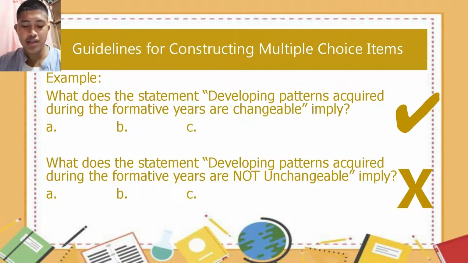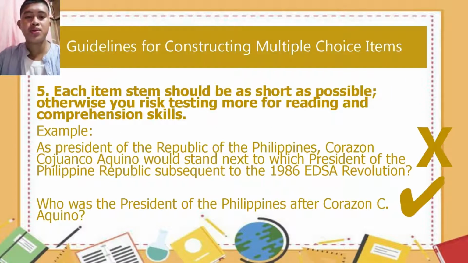Then here is the better example: What does the statement "development patterns acquired during the formative years are changeable" imply? As you can see, this better example is direct and does not use double negatives such as "and" or "not".